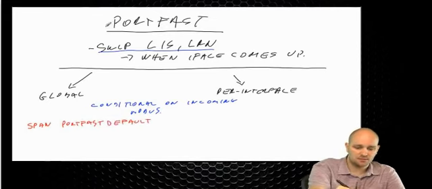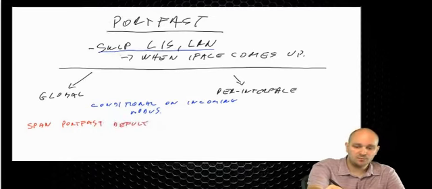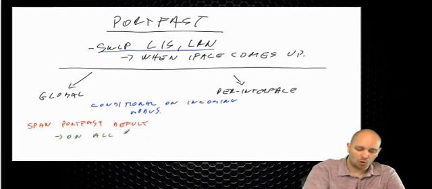So spanning-tree portfast default. This will enable Portfast on all operational access ports.